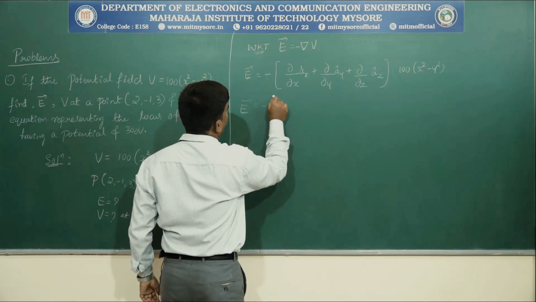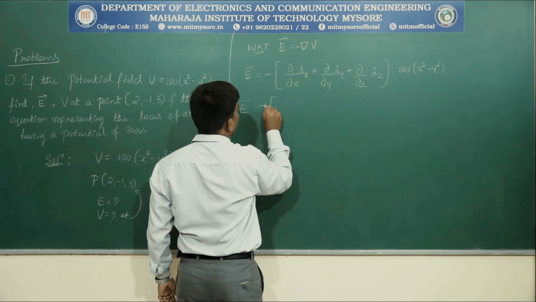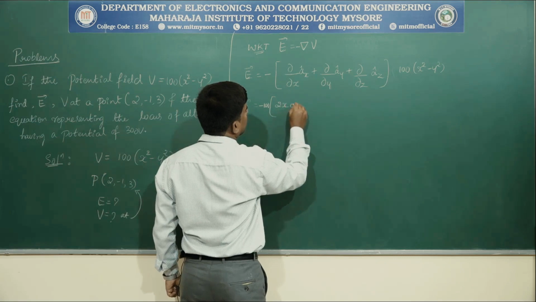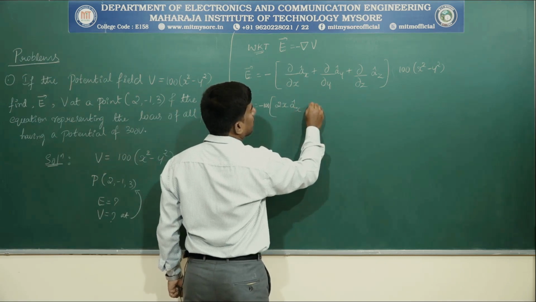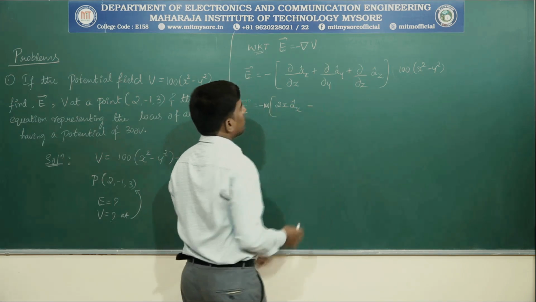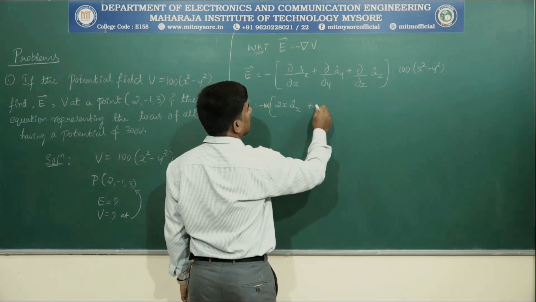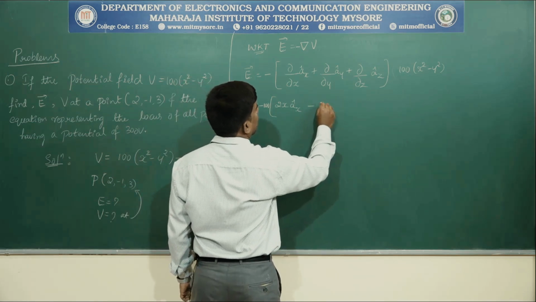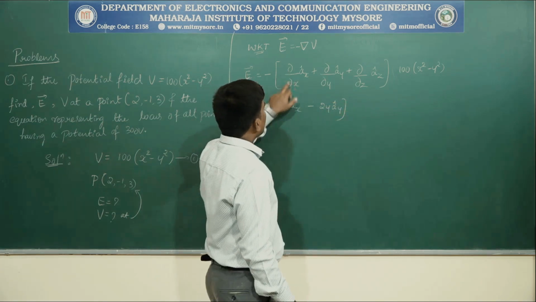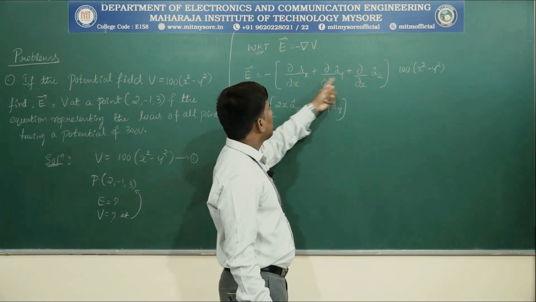What we are going to get? E is equal to minus of dou by dou x, means take 100 outside. This becomes 2x a cap x minus, so minus 100, okay, 100 has been taken outside, plus this becomes minus 2y a cap y. So differentiation of x square is 2x into 1.